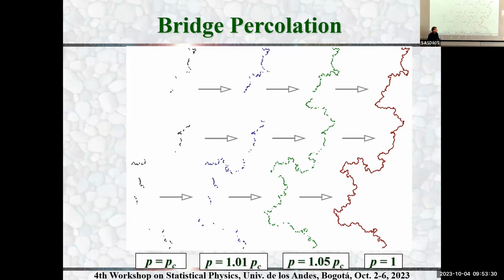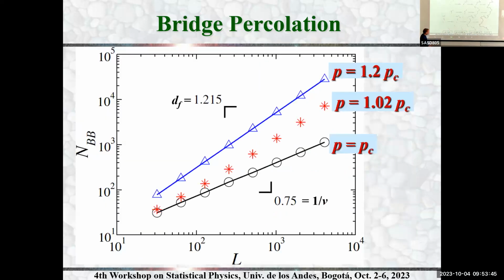It was exact, and so we know this. And then we evolve, and at the end we come to the watershed, which we have just shown has a fractal dimension of 1.22. What happens? We can analyze this.